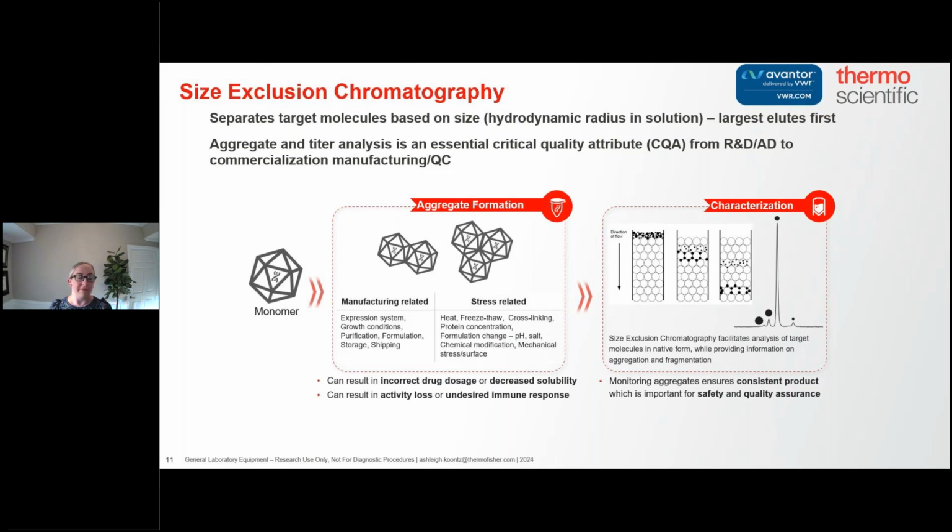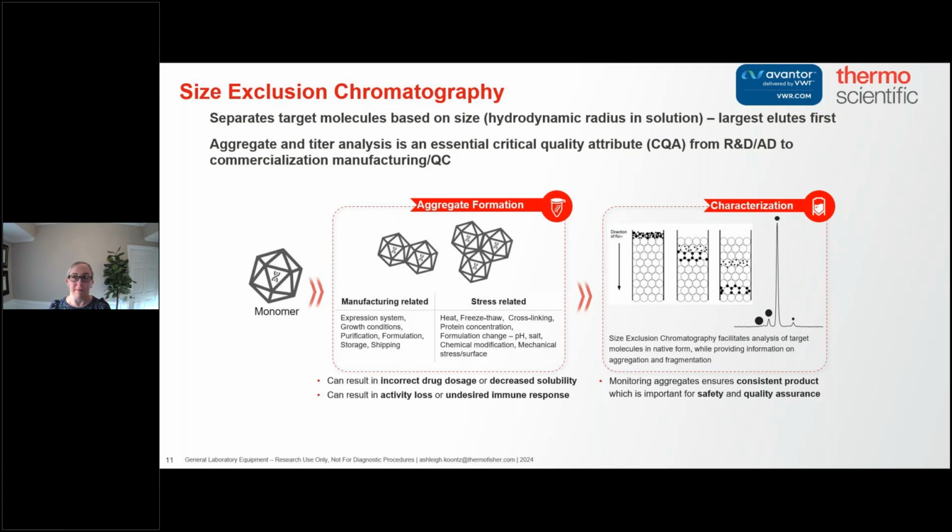So we have good applications for aggregate analysis and titer analysis, which we've already demonstrated is a critical quality attribute for AAV manufacturing. And so if you have your monomer, any kind of manufacturing related stresses, such as heating, freezing, transportation, it's going to really impact drug dosage, any kind of solubility, as well as activity loss and undesired effects for patients.